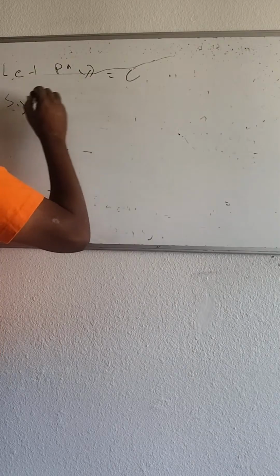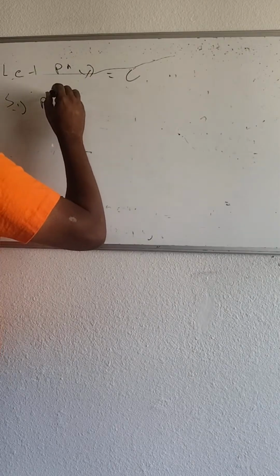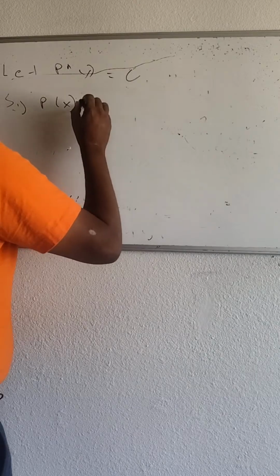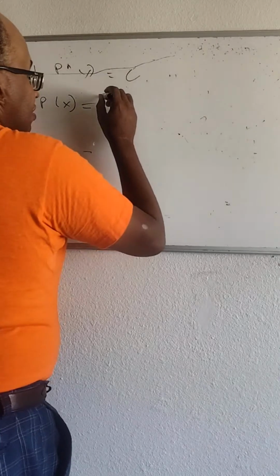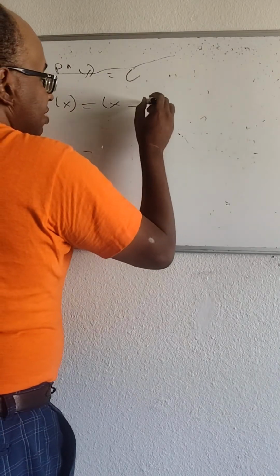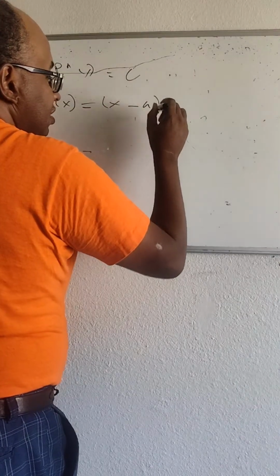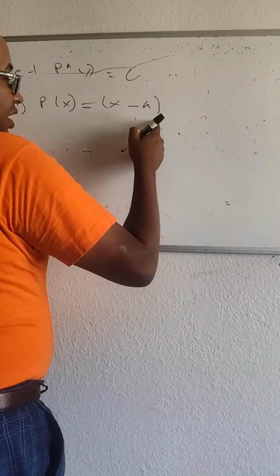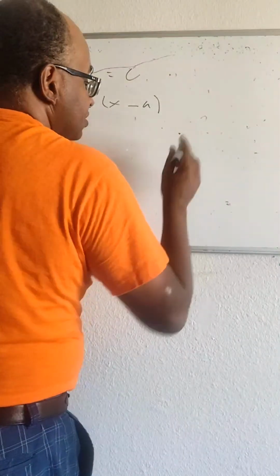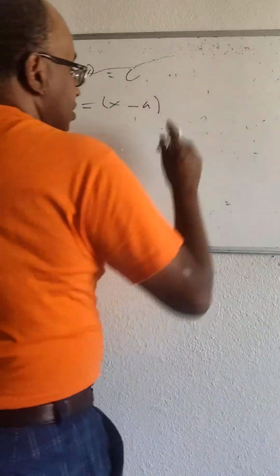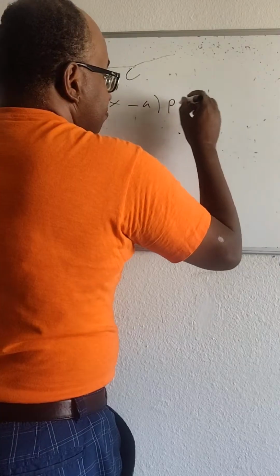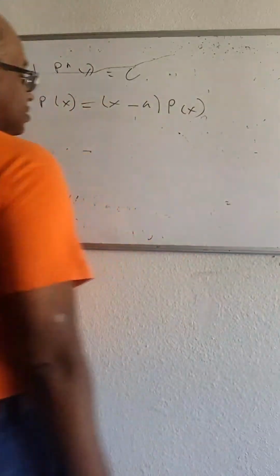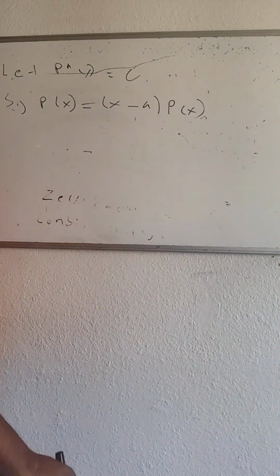So P(x) is going to allow us to have (x minus some number a) times Q(x). Okay.